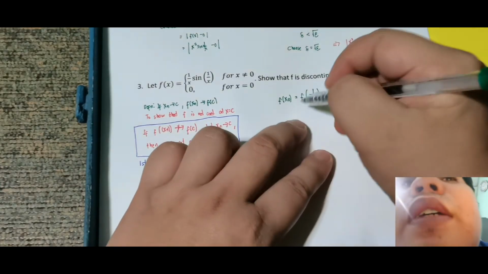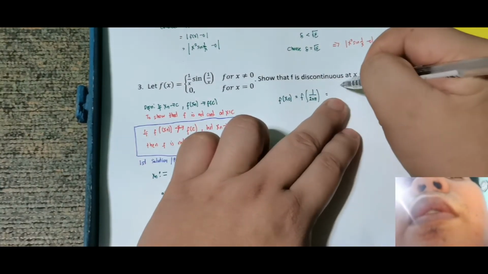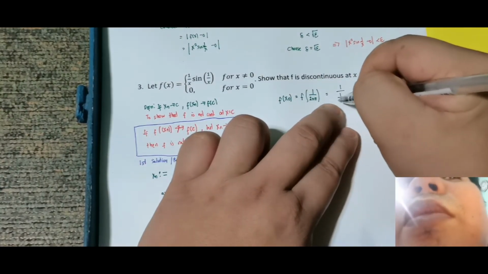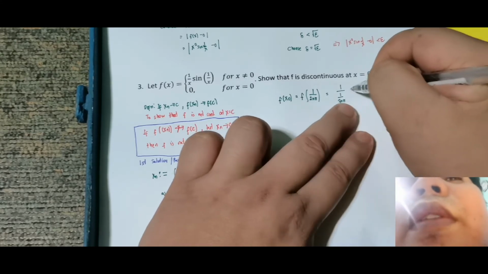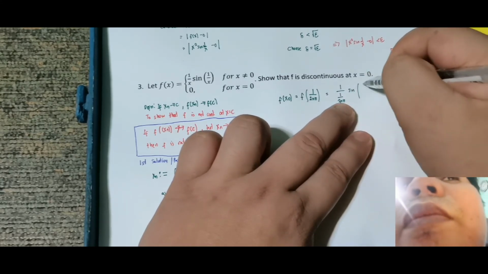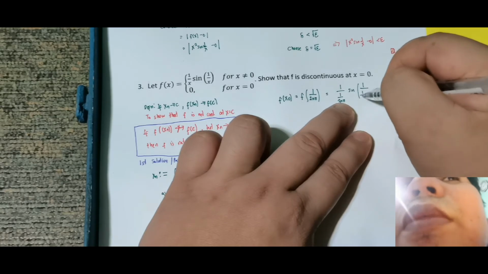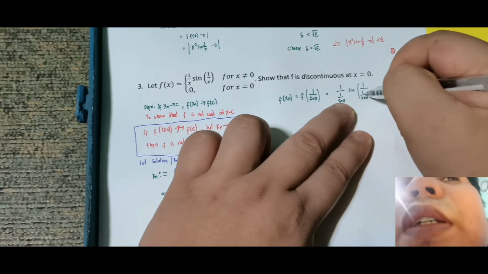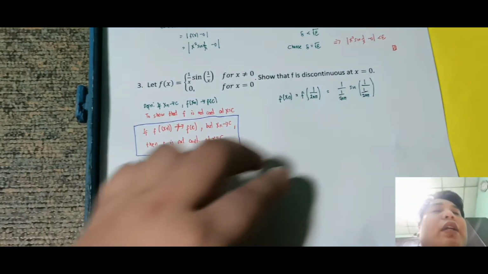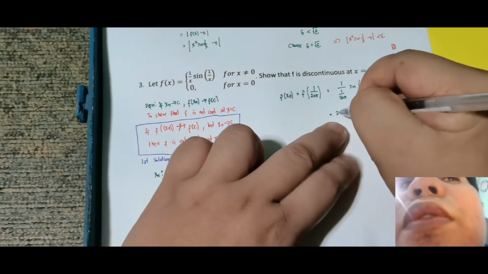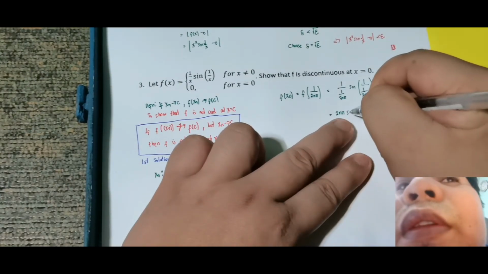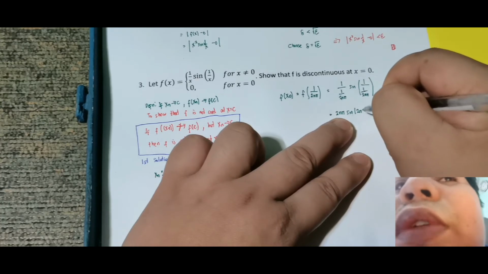So, this is equal sa 1 over 1 over 2n pi, then sine of 1 over 1 over 2n pi, in which this is equal sa 2n pi, then sine ng 2n pi.